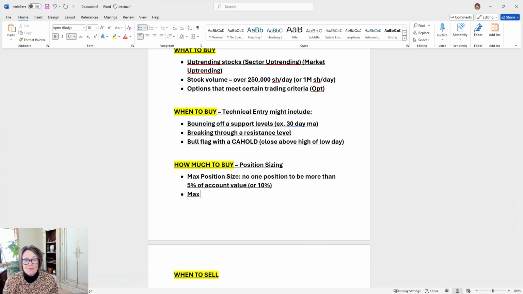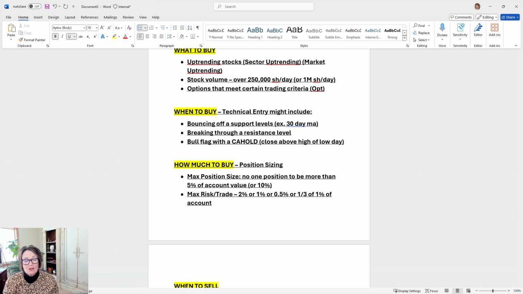And then what is your max risk per trade? If the trade went wrong and you ended up out of the trade, how much are you willing to risk? Some might say 2%, or 1%, or half of a percent, or in our case, 1/3 of 1% of the account value on a $1 million account.